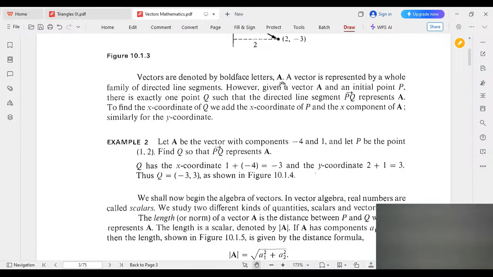Suppose A; we read this as the boldface letter A, so we say this is the vector A. A vector is represented by a whole family of directed line segments.